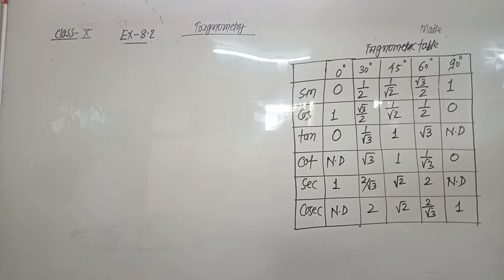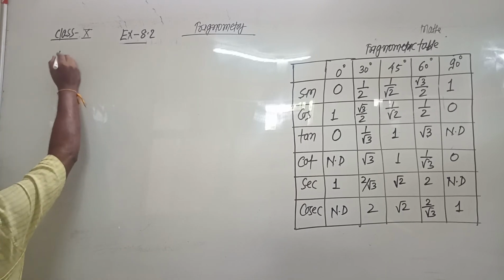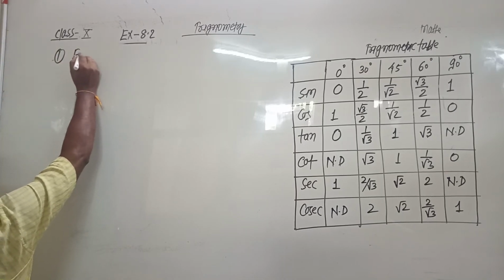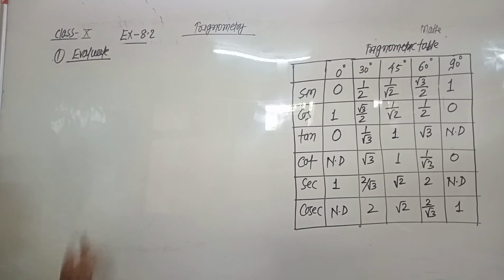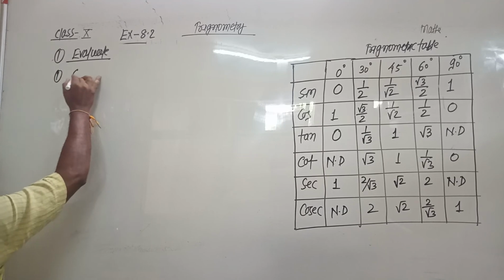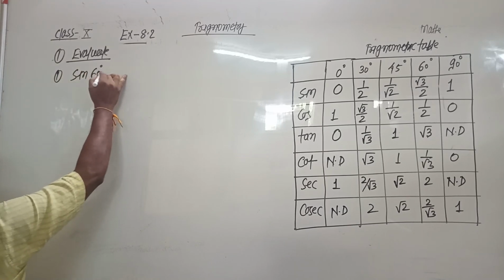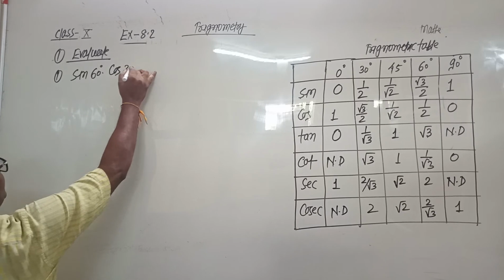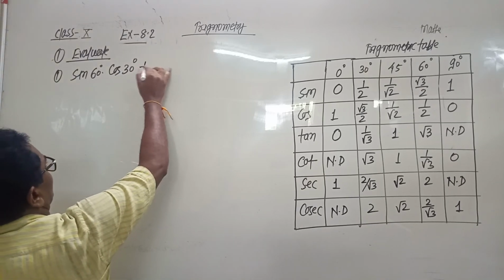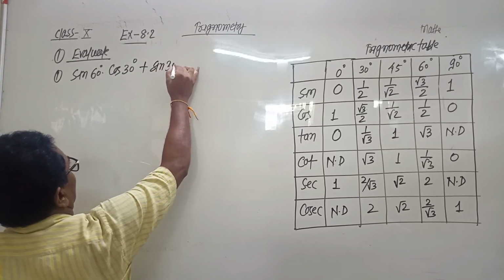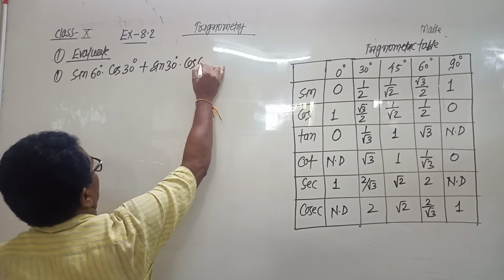The first question is evaluate, and the first part of this question, sin 60 degree cos 30 degree plus sin 30 degree cos 60 degree.